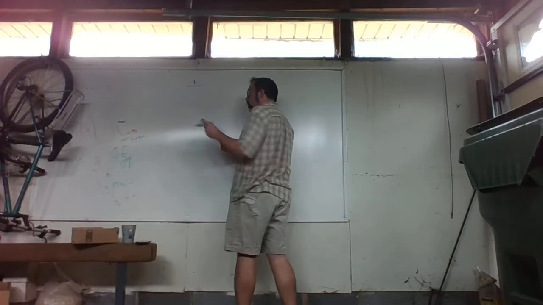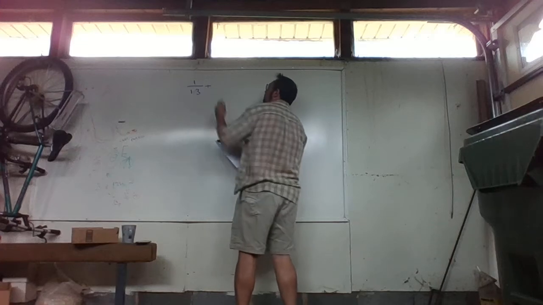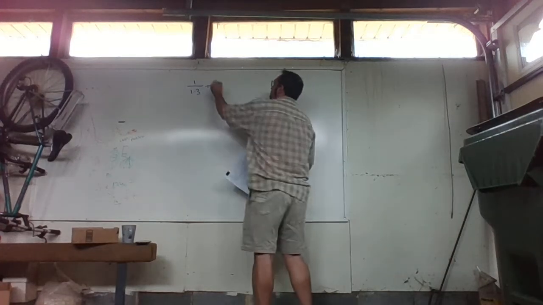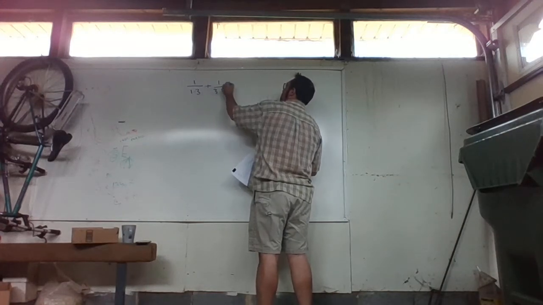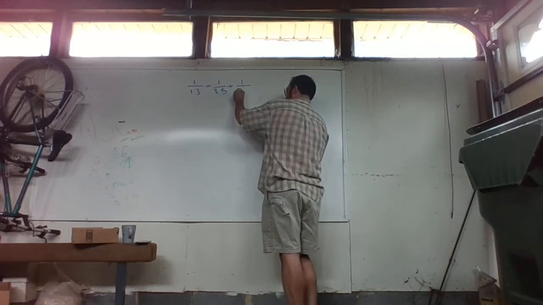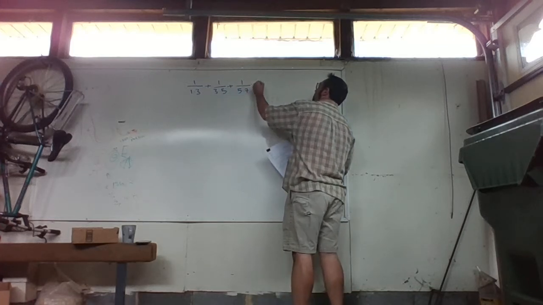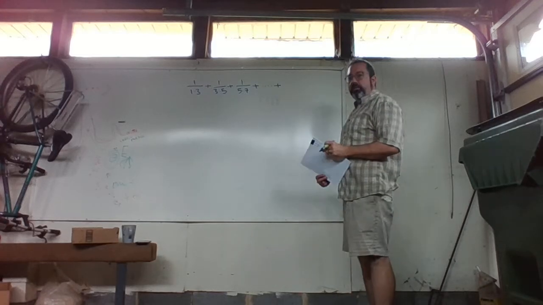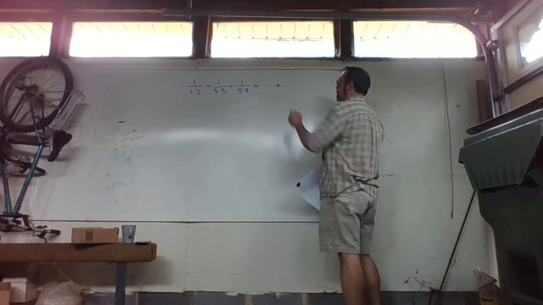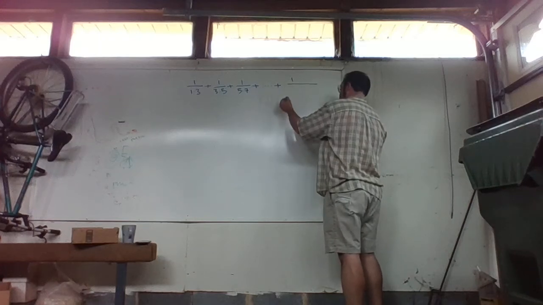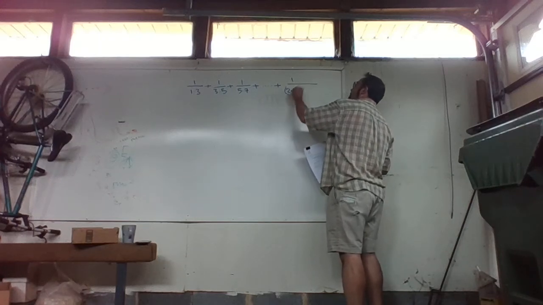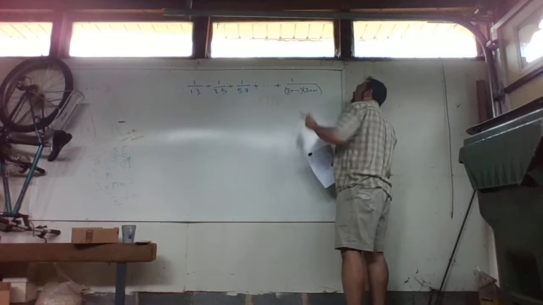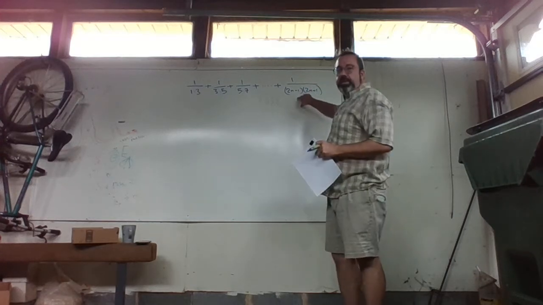We're going to start with 1 over 1 times 3, plus 1 over 3 times 5, plus 1 over 5 times 7, and so forth. All we're doing is looking at reciprocals of the product of two consecutive odd numbers. It might take a little bit of thought to find a pattern for such sums, but this is what it turns out to be.